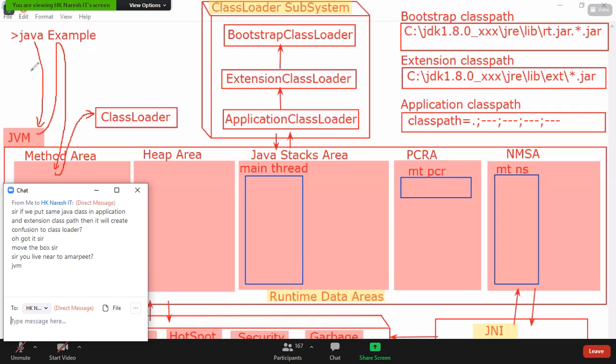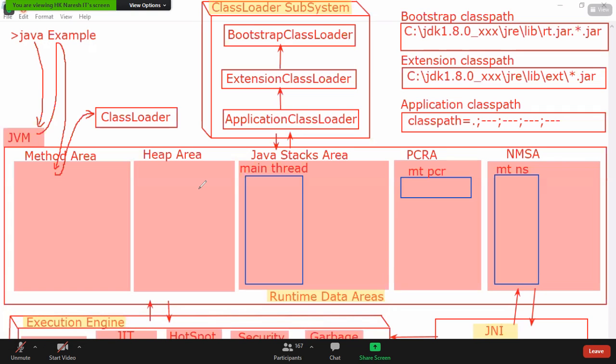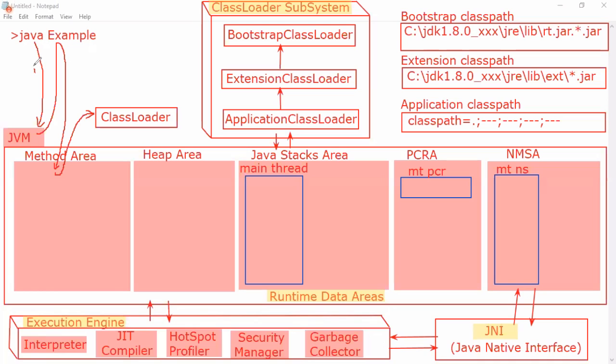Now the first step. We'll give step numbers last. When you run a Java example, the JVM setup is prepared as a process by occupying some memory from RAM and divided into 5 runtime data areas. Then the JVM searches for the class bytecode, the example class bytecode, in the method area.